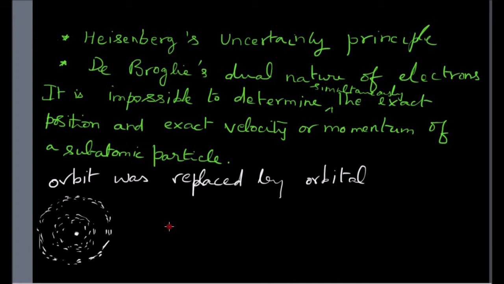And he gave a relationship lambda is equal to h by mv, where lambda is the wavelength which is associated with the wave character of electron, and mass and velocity are associated with the particle nature of electron. So this is the relationship connecting both the types of behavior of the electron, and calculations made using this relationship proved his point.